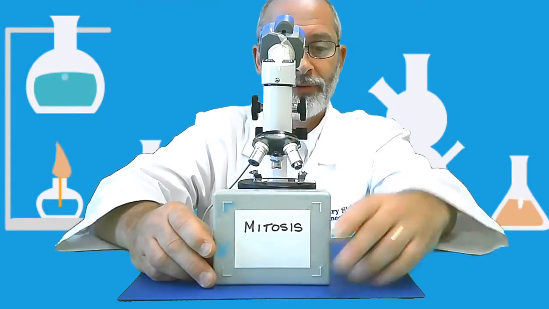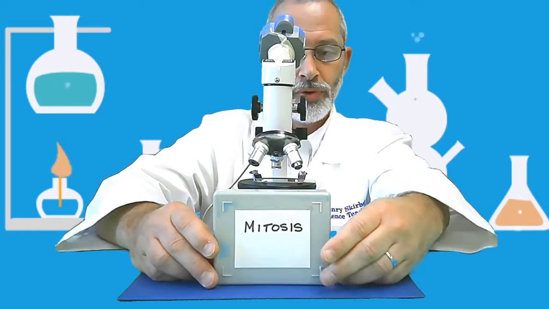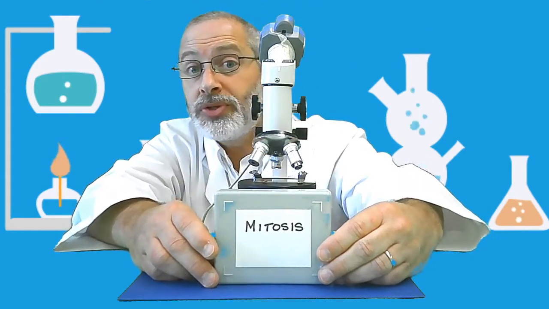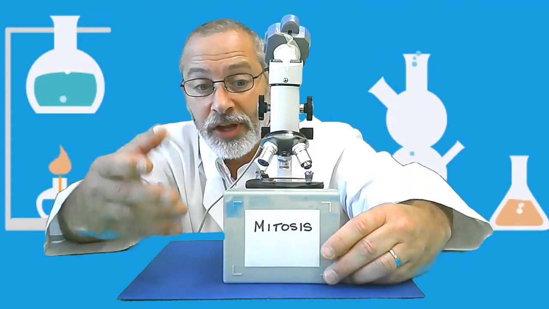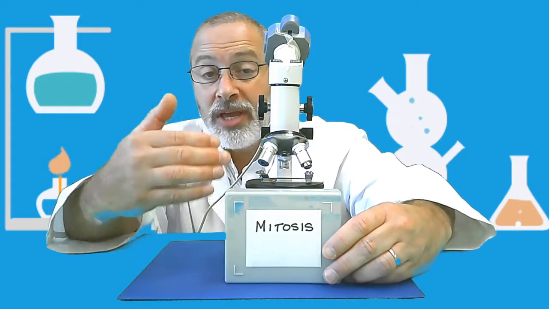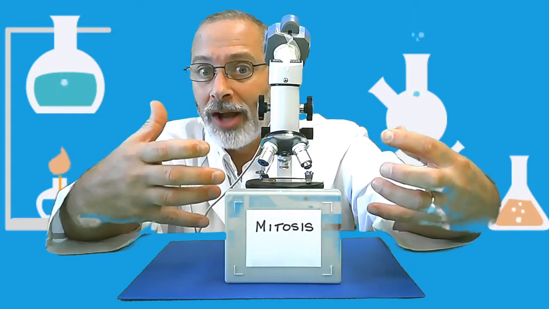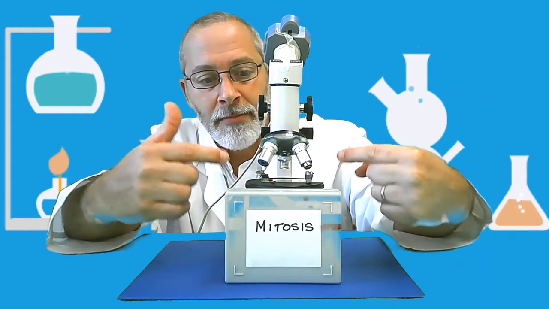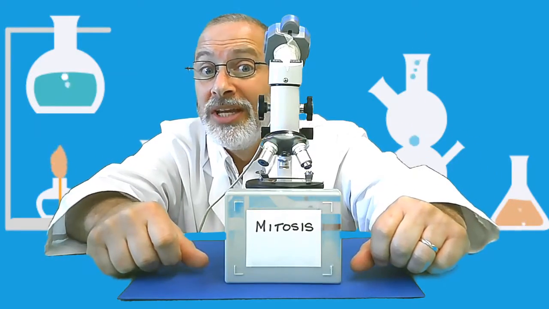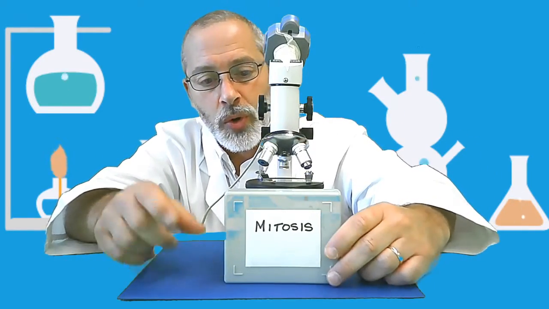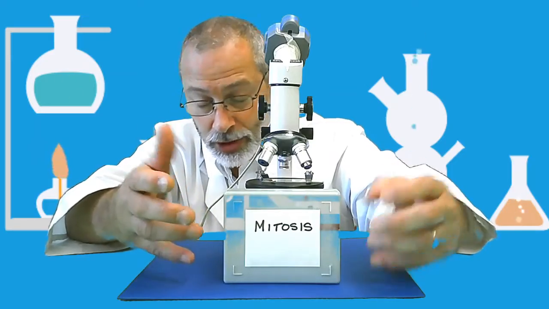In fact, it's from a bean root plant, and it's from the root of a plant because that's where a lot of cells are dividing very, very quickly. And so we have caught in the act a number of root cells undergoing cellular division. So, and in particular, mitosis.